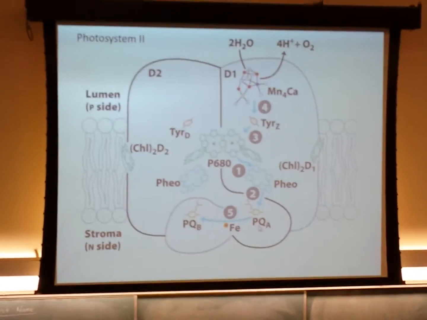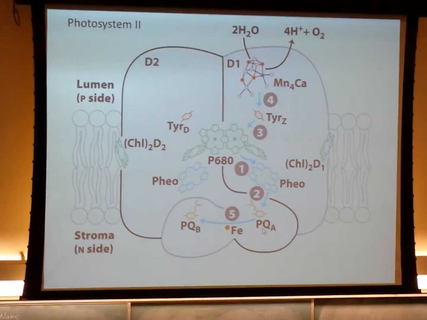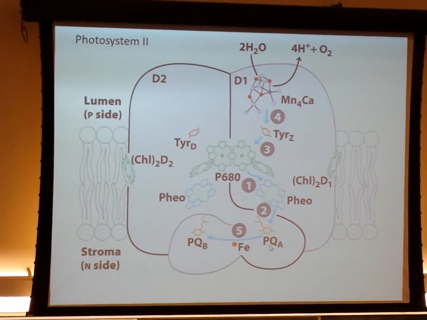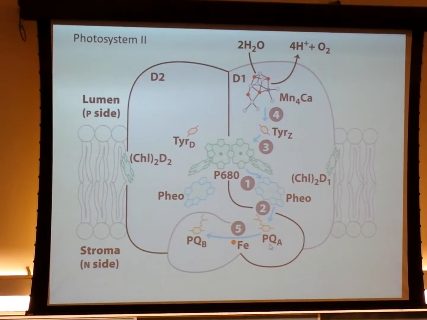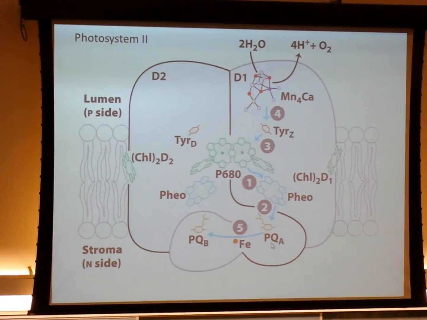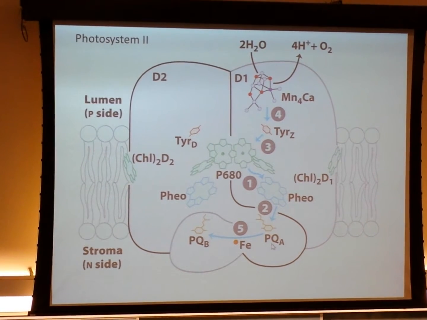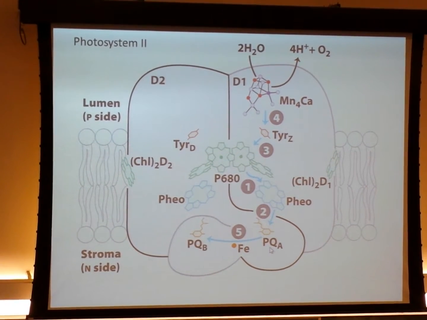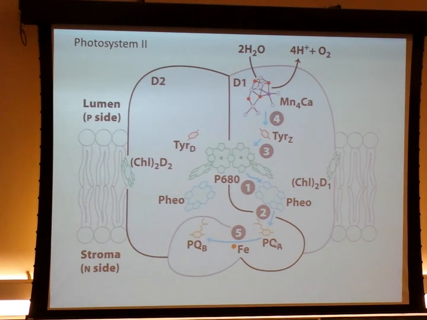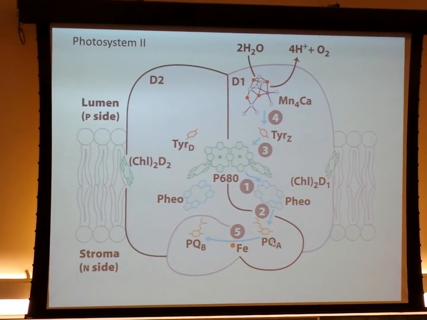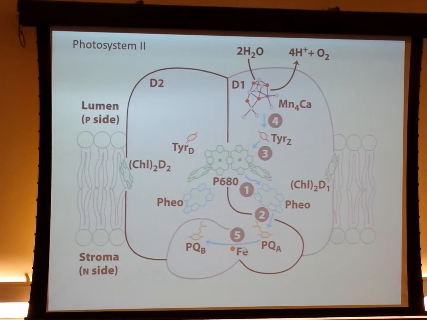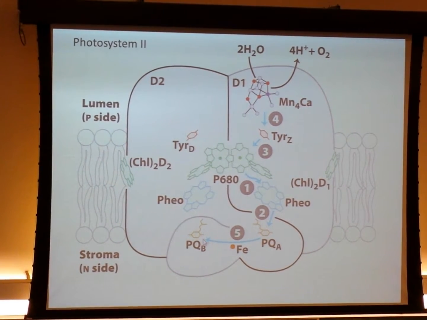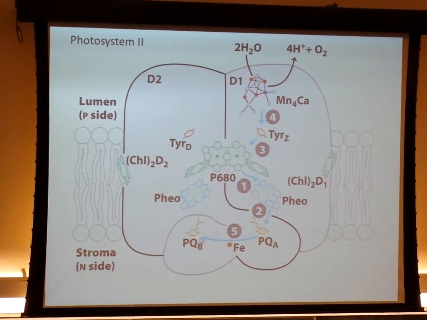What does that stand for? Plastoquinone. So PQ is the plant's version of coenzyme Q. Only PQA is bound to this protein complex. It's not moving. And then it passes an electron through an iron to a second plastoquinone.